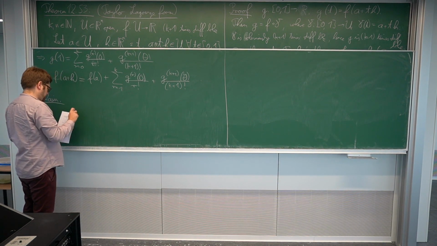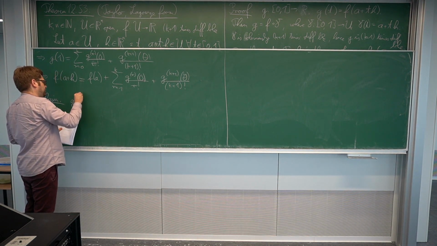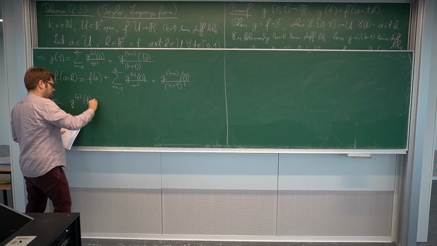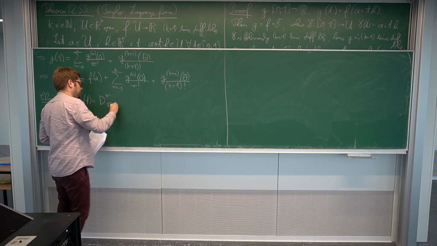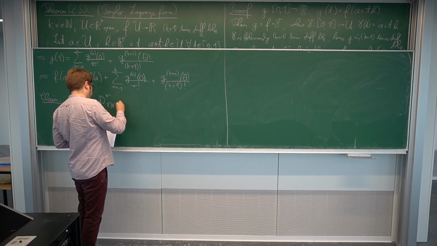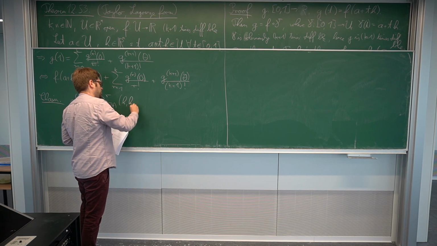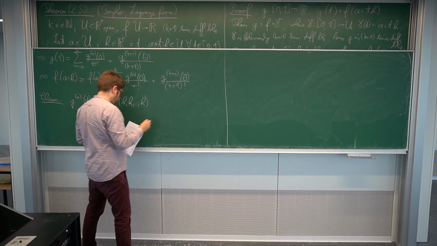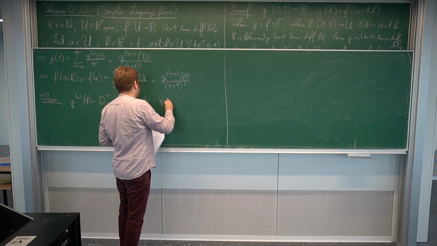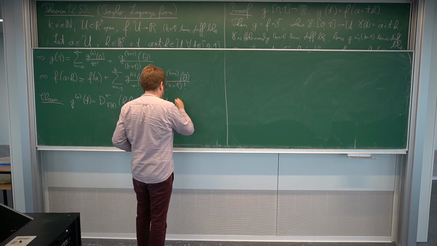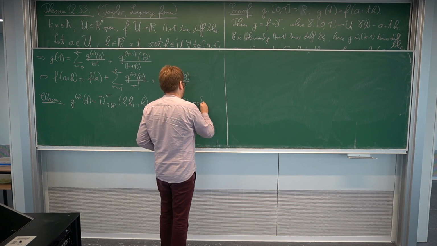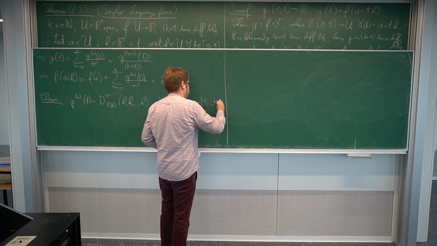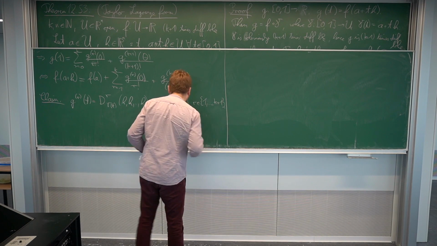So the idea is: the r-th derivative of g in t is the same as d^r f in the point gamma of t applied to h, and so on to h, for all t in 0, 1, and for all r between 1 and k plus 1.